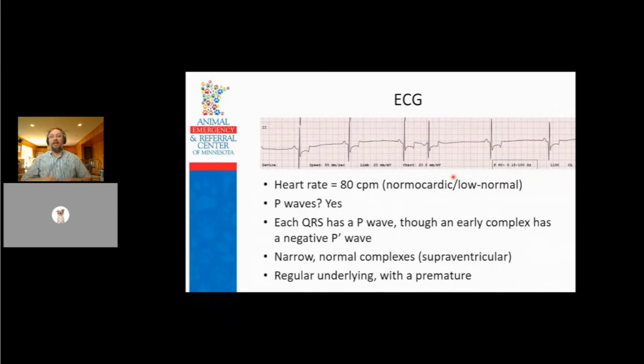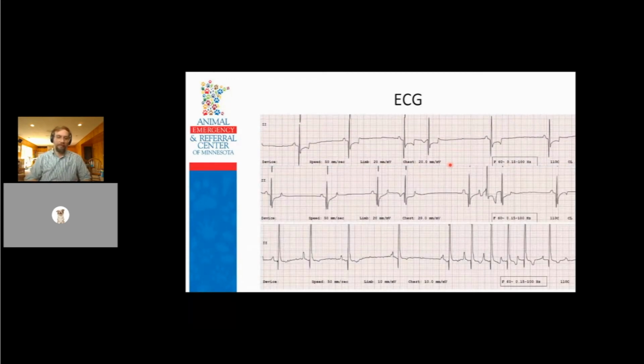So when I see APCs with negative P prime waves in front of them, I'm going to be thinking left atrial in origin. And if this is a small dog with a really loud murmur, I'm going to be saying, well, maybe this dog has left atrial enlargement. It's not definitive, but these are the things that I'll start thinking about when I see things like this. A single early heartbeat here and there, probably not causing the dog problems, probably doesn't need to be treated.